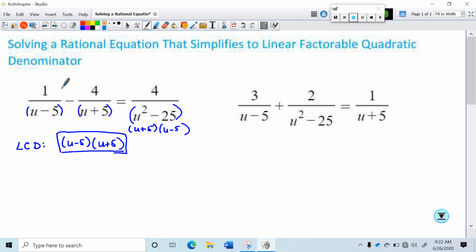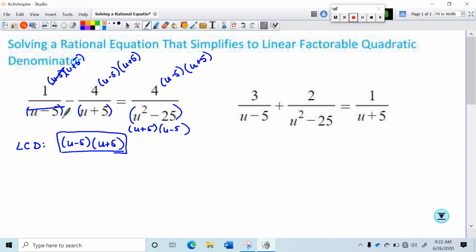So I put the LCD with each term. U minus 5, u plus 5, u minus 5, u plus 5, u minus 5, u plus 5. Okay, top cancels with bottom if it's the same thing. So u minus 5 cancels with u minus 5.